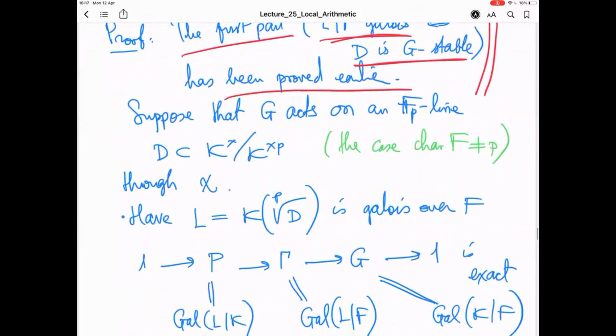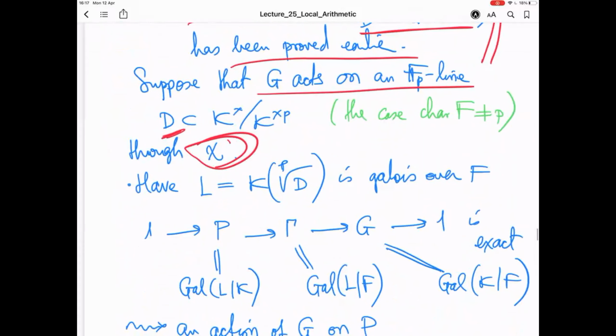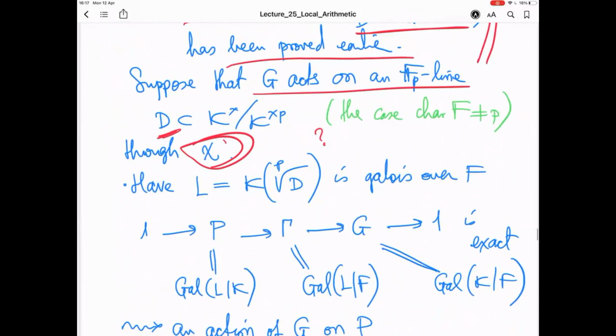The second part says that if G acts on the FP line del D via some character chi, then we have to show that this G acts on P via omega chi inverse. That is the question.